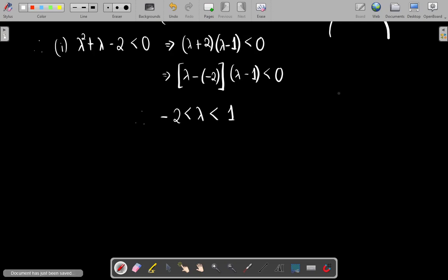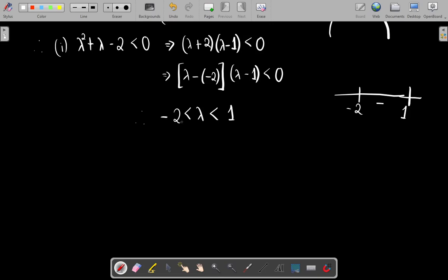That is, if this is minus 2 and this is 1, lambda must lie in this region. If lambda is 0, the term lambda plus 2 becomes positive, and lambda minus 1 is 0 minus 1, which becomes negative. So we have a positive and a negative term, and the product becomes negative.